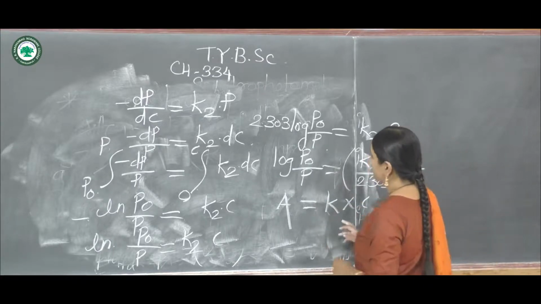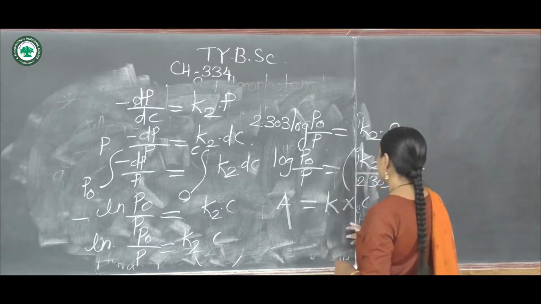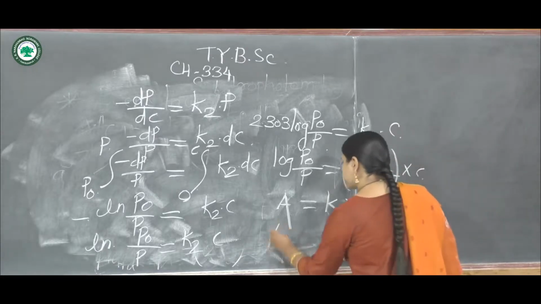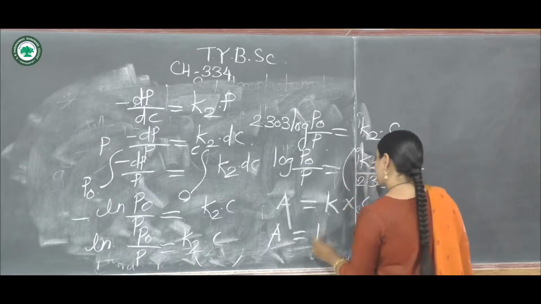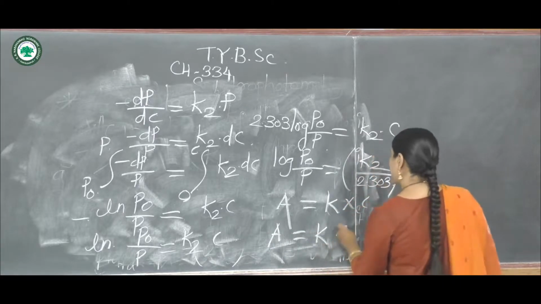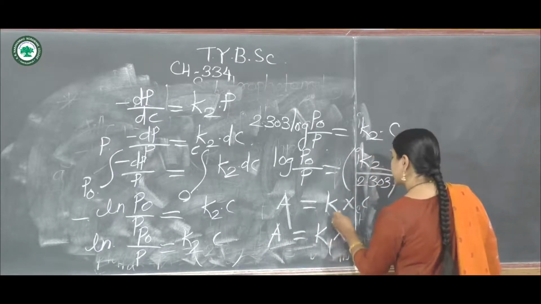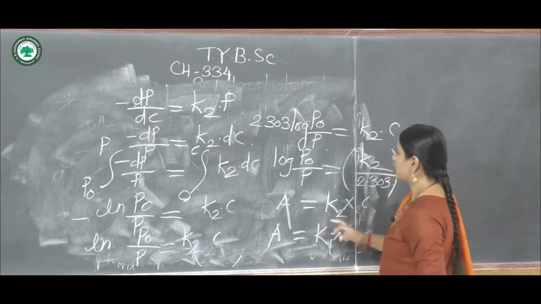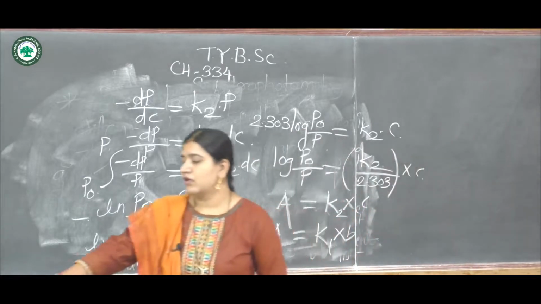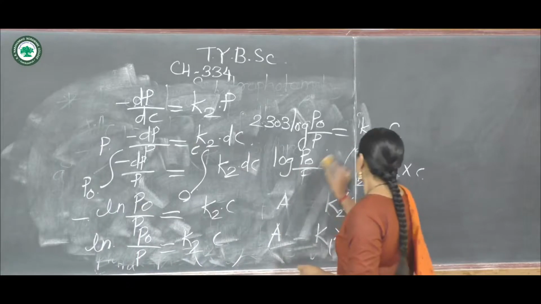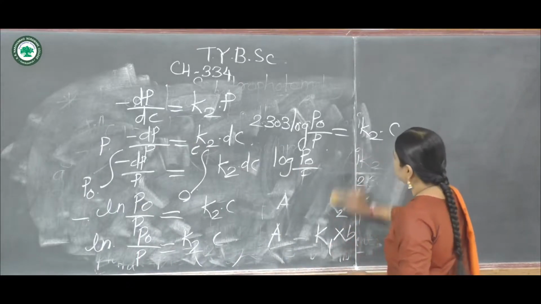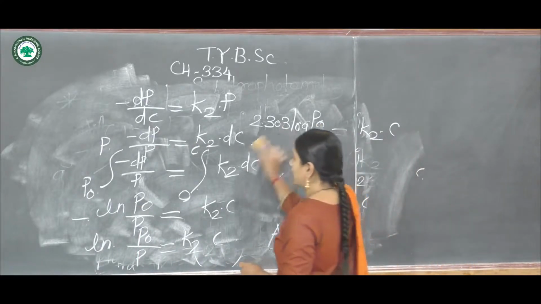So we got two statements. First is A is equal to K into B, and here K2 into C. So the third law which comes in the picture is the Lambert-Beer law.